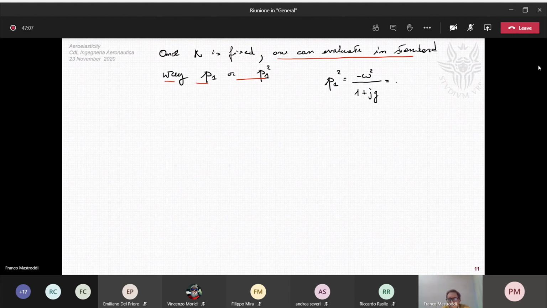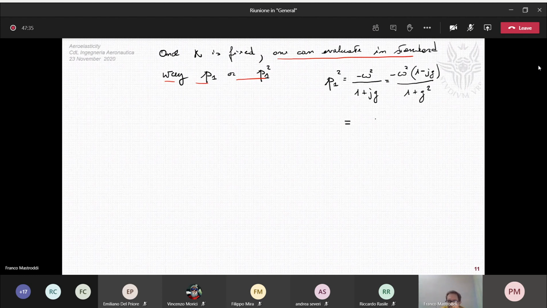Multiplying numerator and denominator by 1 minus jg, you have minus omega squared times (1 minus jg) divided by 1 plus g squared.